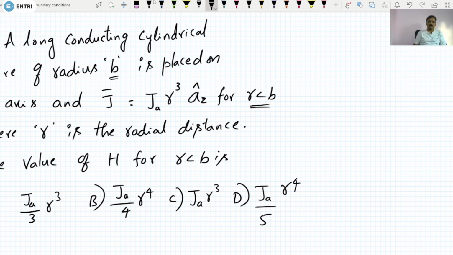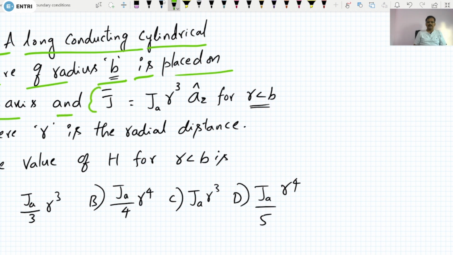So what is the question they are asking here? They are saying that a long cylindrical conducting wire of radius b is placed on the z-axis, and it is carrying a current density z bar equivalent to za into r cube, ampere per meter square.